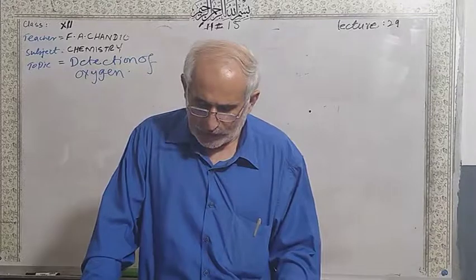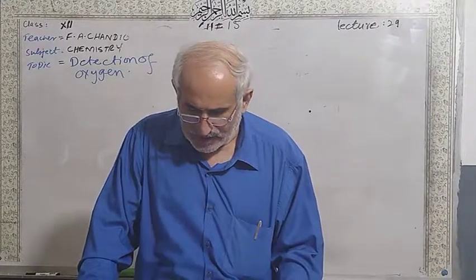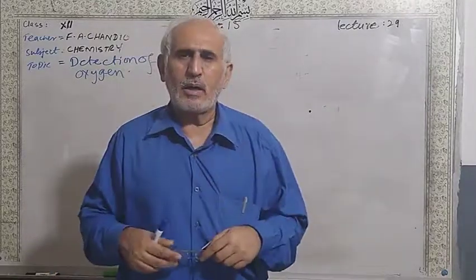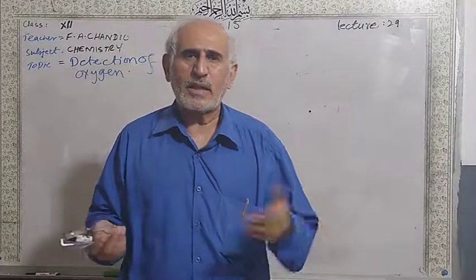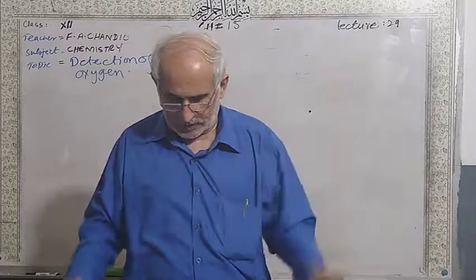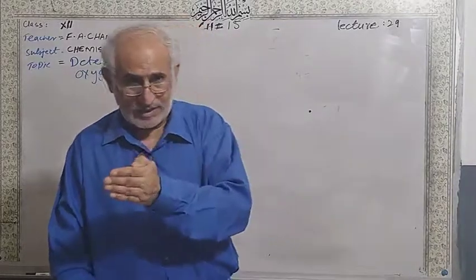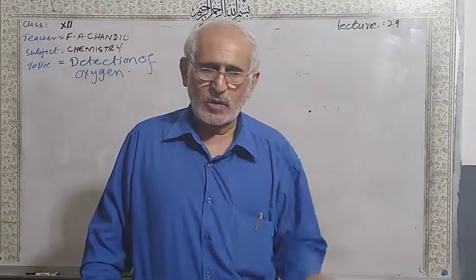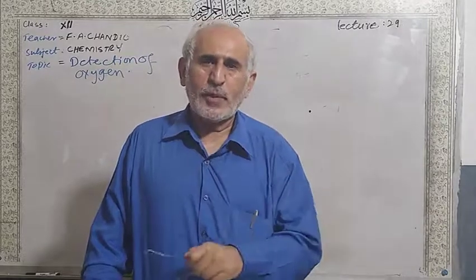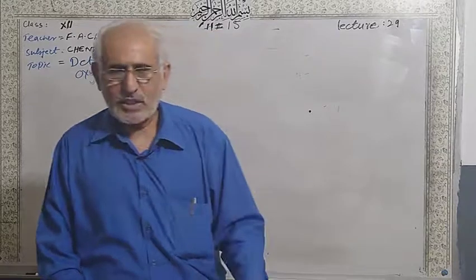The third method depends on determining the percentage of the other elements present in the compound. The sum of the percentages should be 100; the shortfall is oxygen. Suppose the other elements total 80%, then 20% is oxygen, the shortfall from 100. So this is the detection of oxygen.